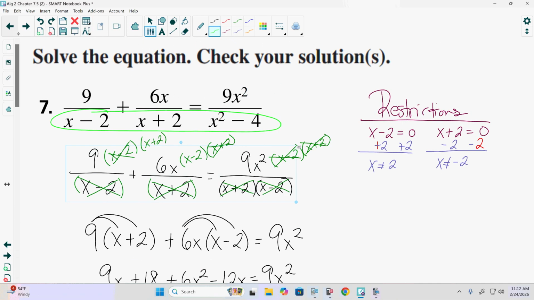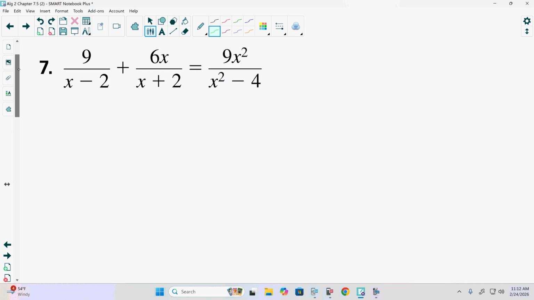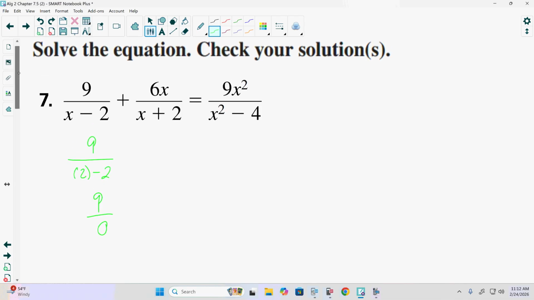So if I plug it back in, we'd have 9 over 2 minus 2. I can't have 9 over 0. We have a division of 0 error. So I throw it out. It is a restriction, it's a value of X that would give us a division of 0.